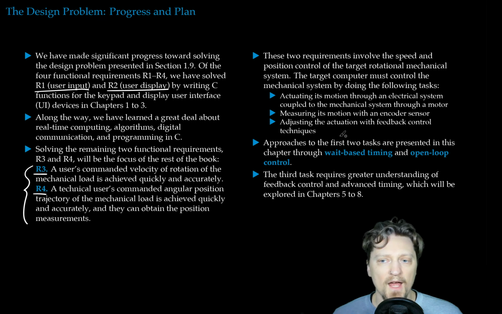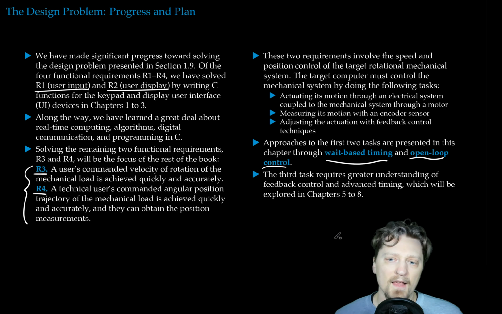Approaches to the first two tasks are presented in this chapter through wait-based timing and open-loop control. The third task requires greater understanding of feedback control and advanced timing, which will be explored in chapters 5 to 8. So we'll get some open-loop control and some wait-based timing in this chapter.